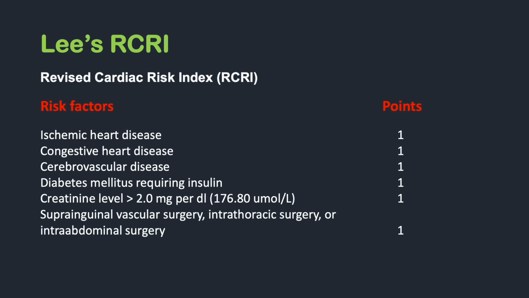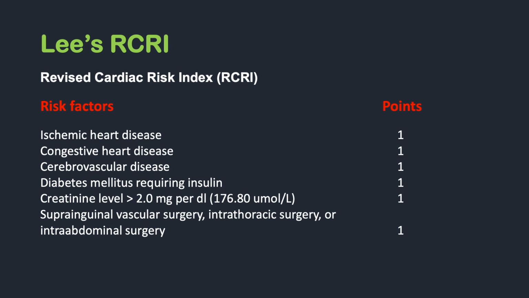Another risk stratification is the Lee's Revised Cardiac Risk Index. This is an update of the Goldman Cardiac Risk Index and is a validated method to assign perioperative risk using readily available clinical variables. As mentioned before, it includes 5 clinical risk factors plus 1 procedural risk factor.